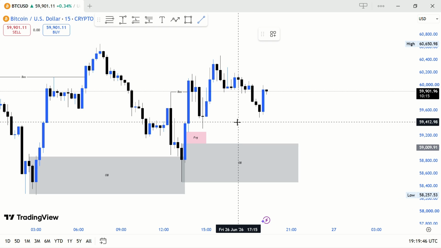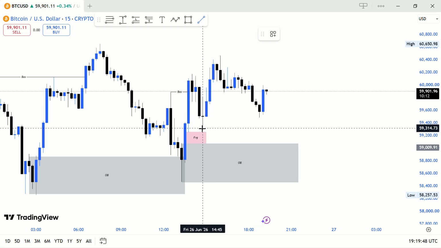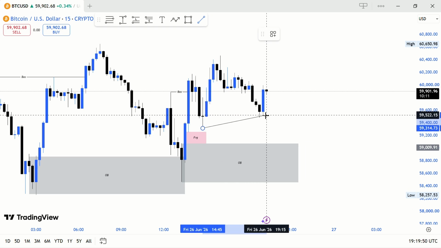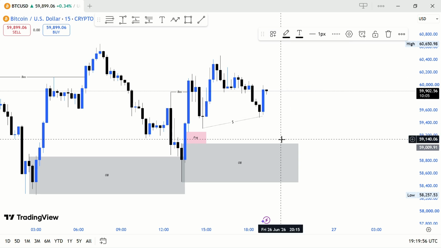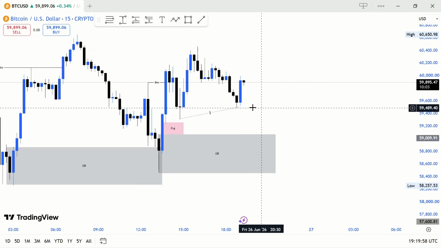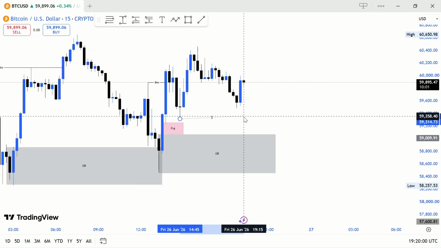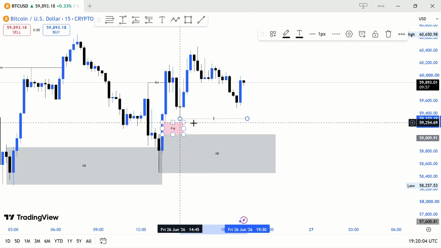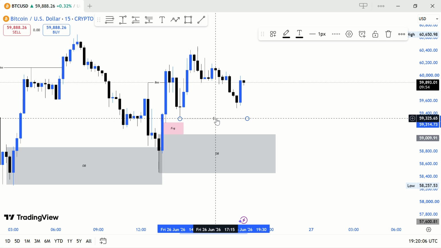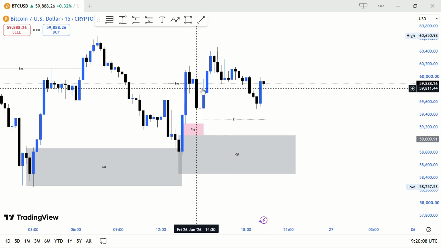And then we got liquidity this side. You can put it like this, or you can put it like this. This is our liquidity. Okay, this should be an inducement.